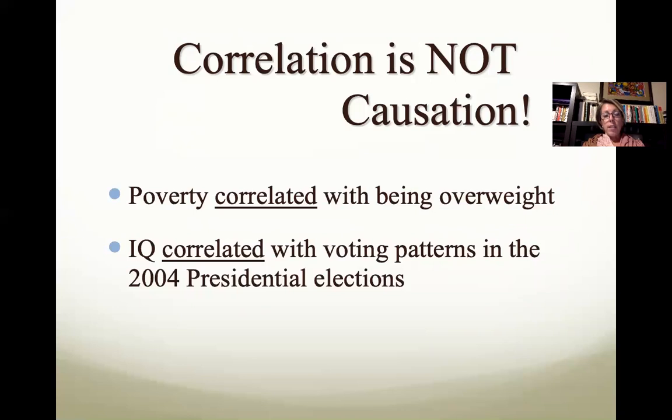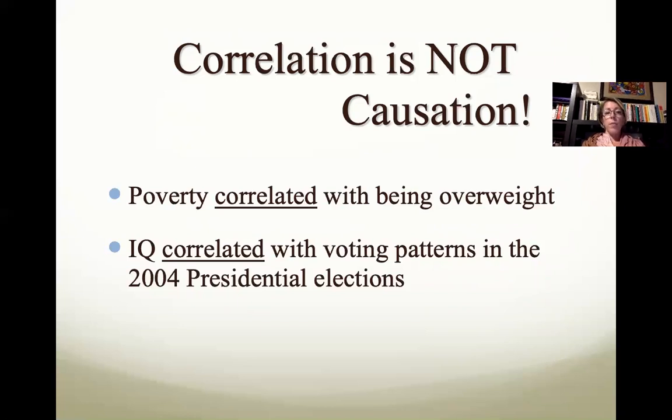On the other hand, poverty does not cause being overweight. It may relate to access to healthy foods. It may relate to access to healthy and safe places to exercise, right? It doesn't make you overweight. It correlates, right?